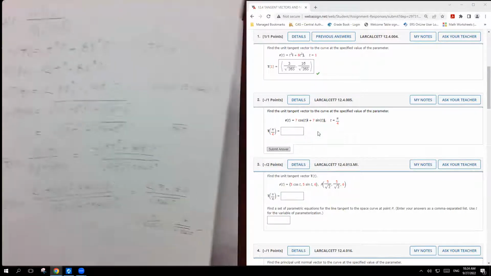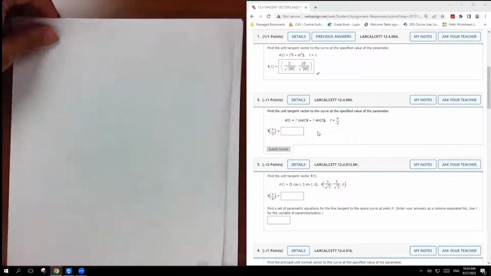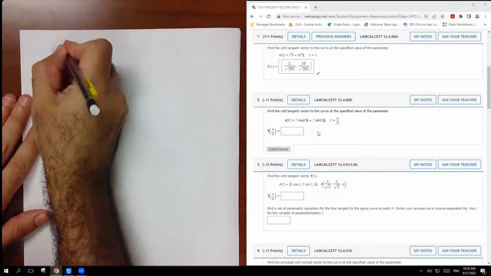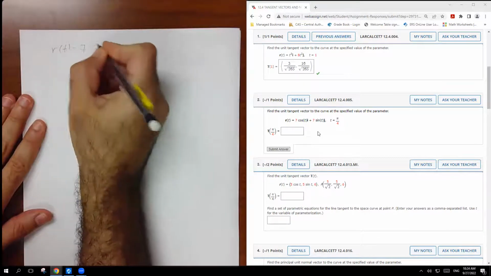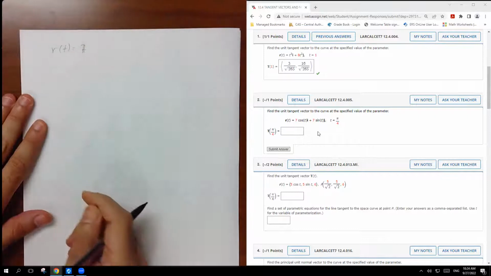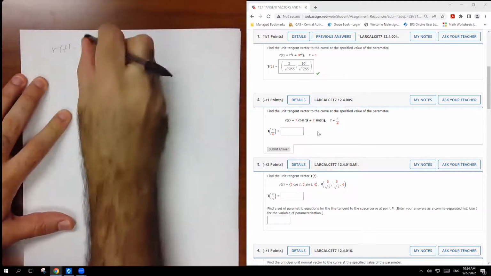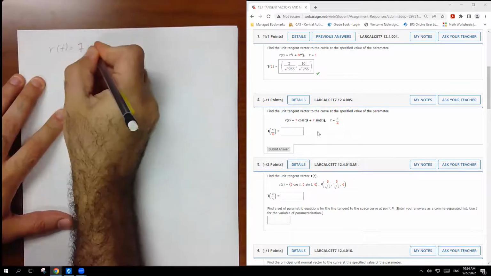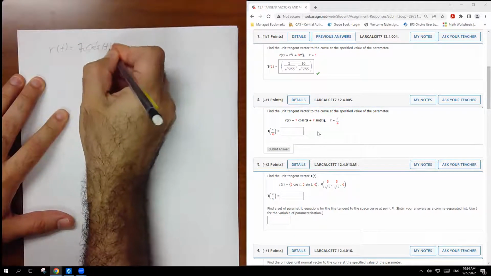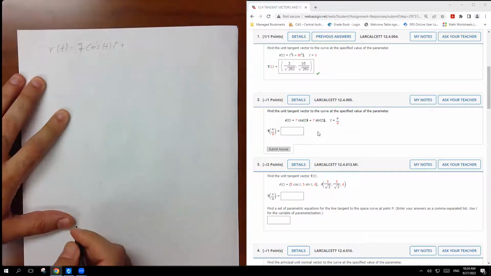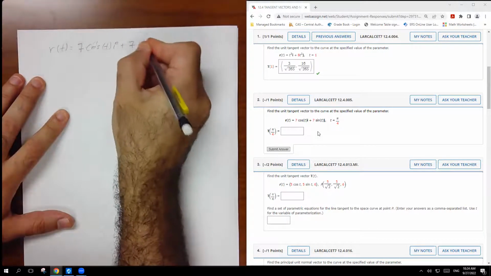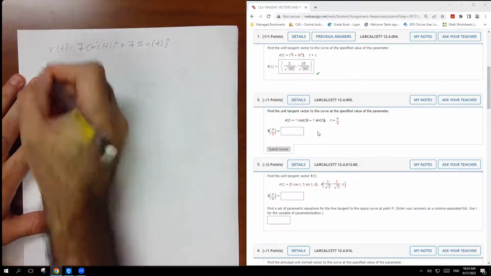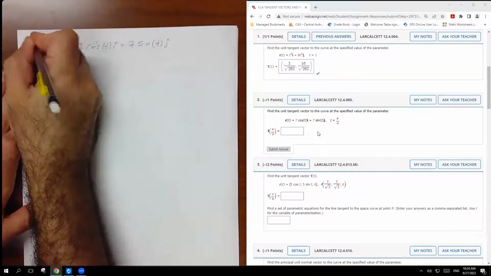So let's do the second one, which is r of t is going to be 7 cosine t i plus 7 sine t j. That means this is the second one.